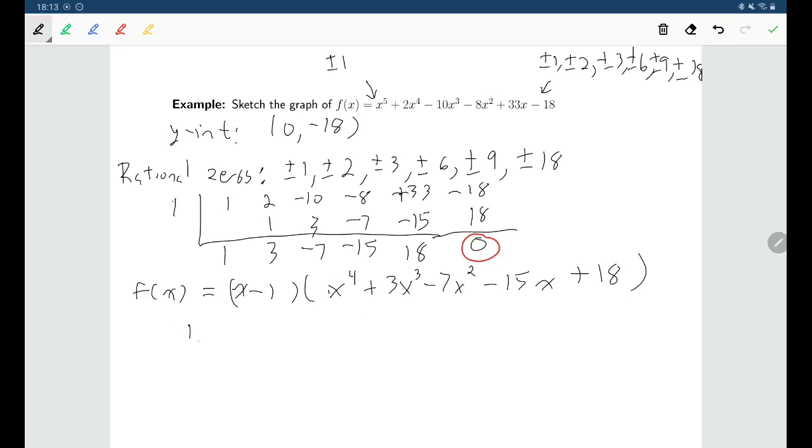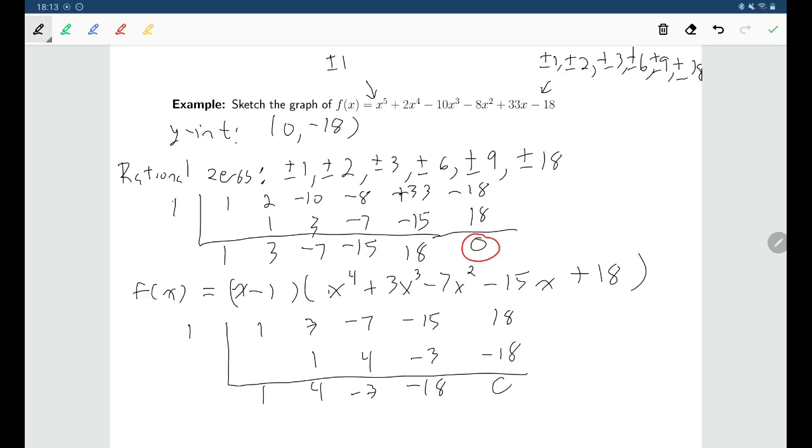So let's check to see if we were to take what's left over, 1x to the 4, 3x cubed minus 7x squared minus 15x plus 18. And if we were to do synthetic division, bringing down, multiplying, adding, multiplying, adding, multiplying, adding, multiplying, and adding, we can see that yes, we do have that 1 is a 0 that's repeated.